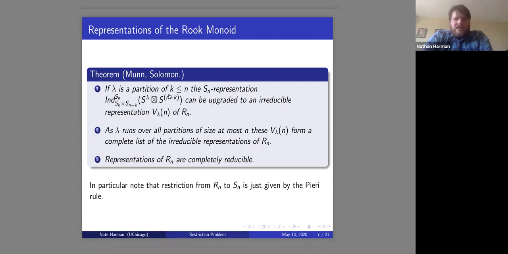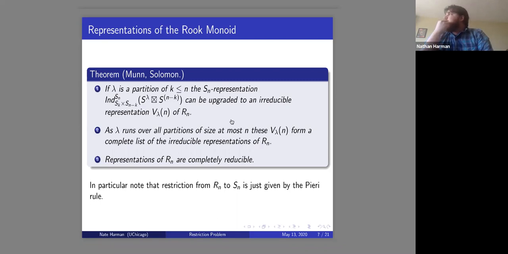But in the case where one of them is a horizontal strip, this is the simplest case. It's called the Pieri rule. What it does is you take your partition lambda, which is of size k, and you add a horizontal strip to that partition in all possible ways. And what you get on the Sn side is a sum over all of these Specht modules corresponding to partitions that you obtain by adding a horizontal strip to lambda.